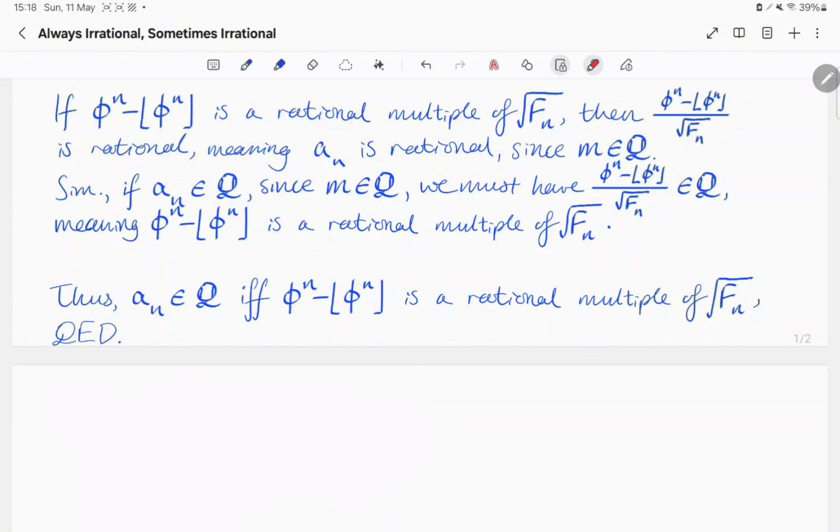Similarly, if a_n is to be rational, since m is definitely rational, we must have that the fraction is rational, meaning that the numerator must be a rational multiple of our denominator. Thus, a_n is rational if and only if phi^n minus floor phi^n is a rational multiple of the square root of F_n, as required.